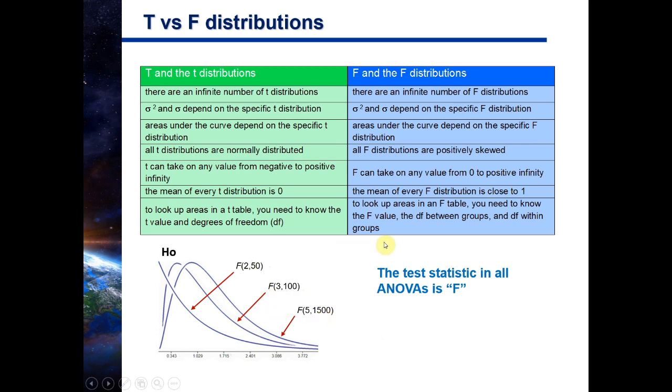And remember I said that every F value is going to have 2 of these numbers, one for between groups and the other for within groups. So you see that here. The first one is for between groups. The second one is for within groups.